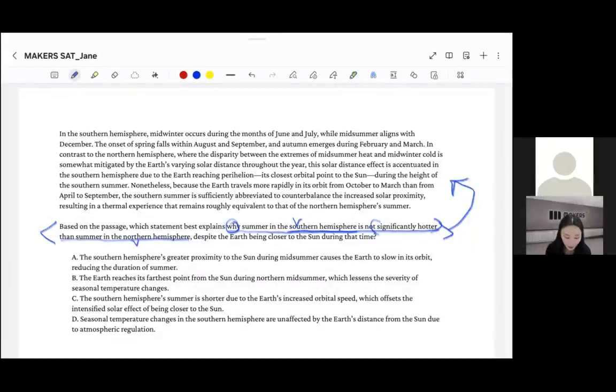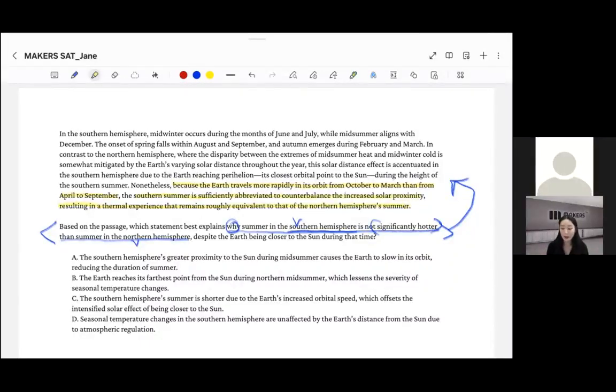So here, if we take a look, because Earth travels more rapidly in its orbit from October to March than from April to September, the southern summer is sufficiently abbreviated to counterbalance the increased solar proximity, resulting in a thermal experience that remains roughly equivalent to that of Northern Hemisphere summer.